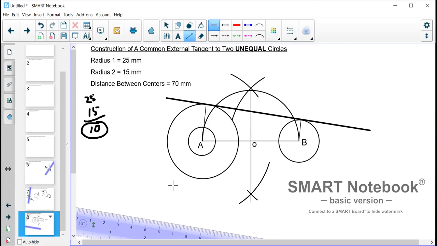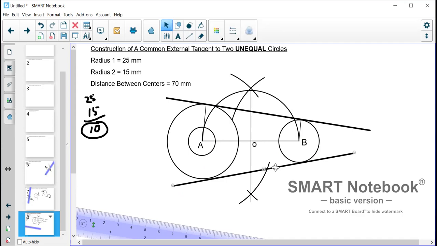For example, it can be drawn this way, providing that you do all the necessary constructions and you put the semicircle at the bottom. So it can be drawn in that position also. Apart from that, there isn't any other variation to this construction.